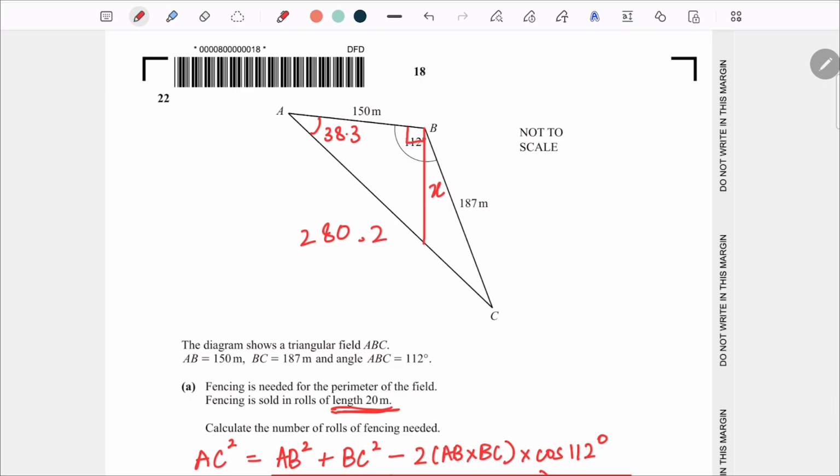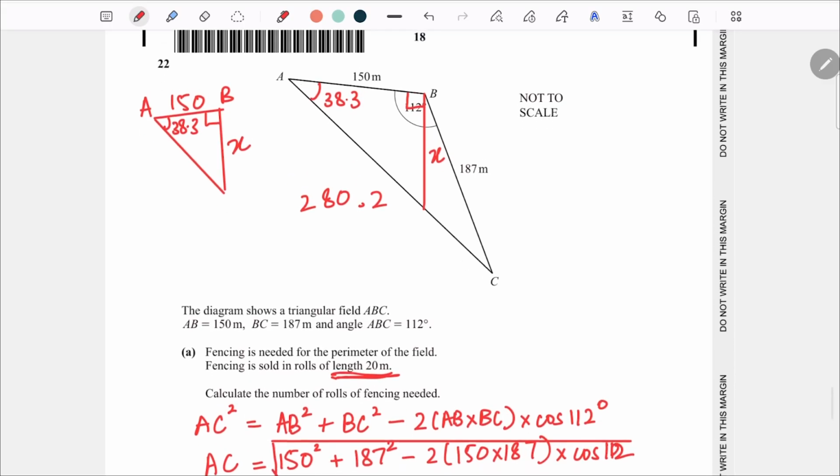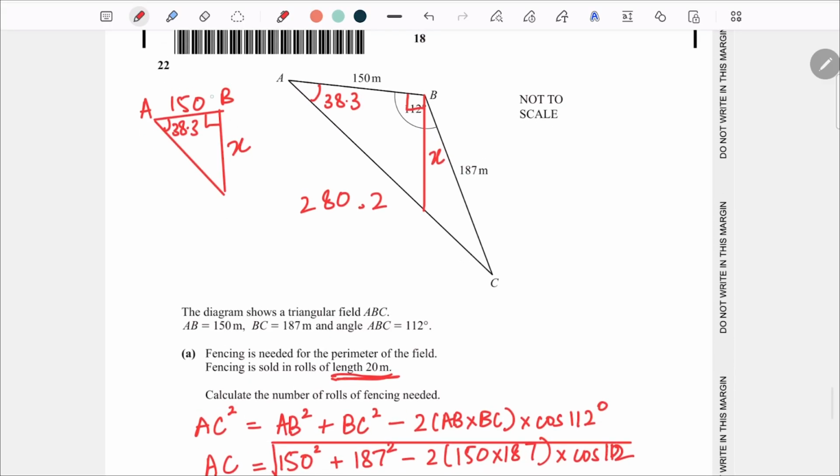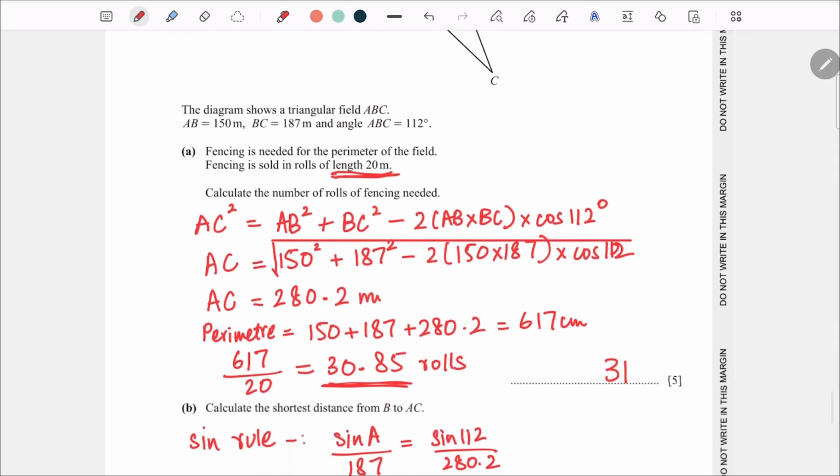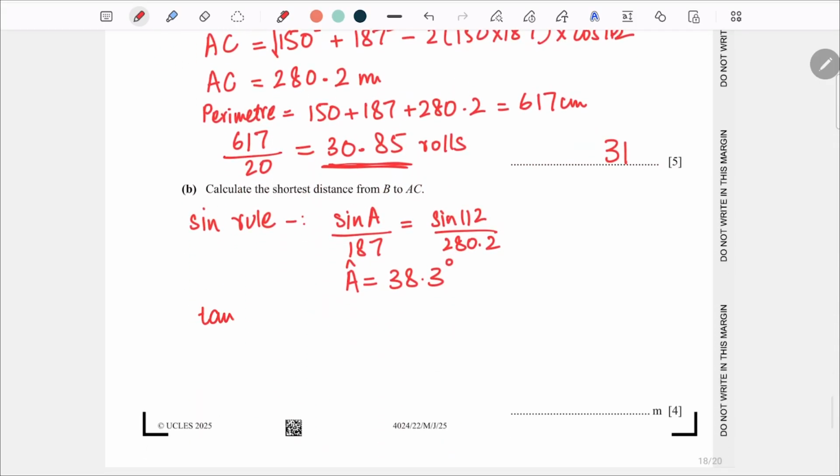We can redraw this smaller triangle on the side. This is 38.3. This length is 150, A and B, and X is what we have to find. So this is opposite and this is adjacent. So we can apply tan theta is equals to opposite divided by adjacent.